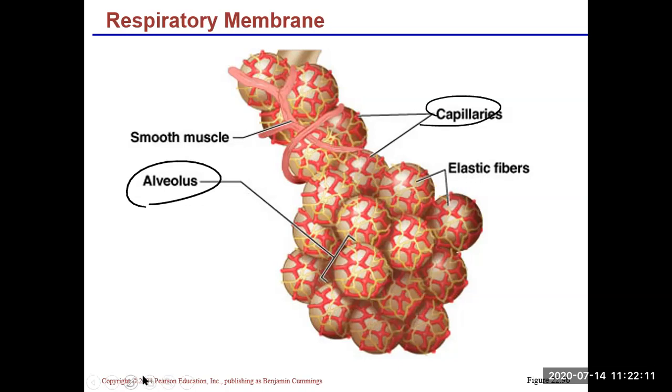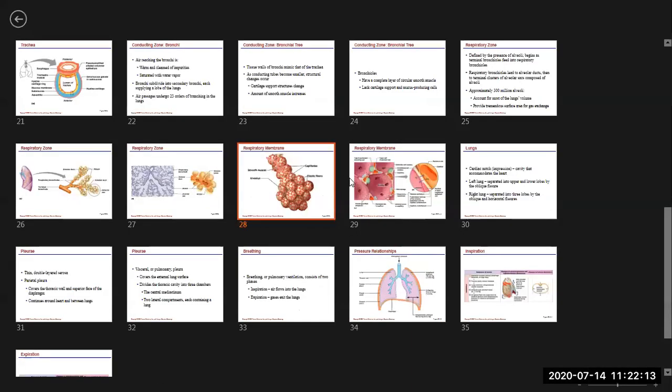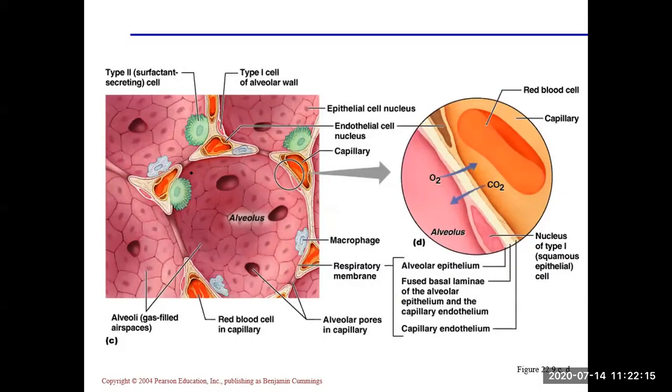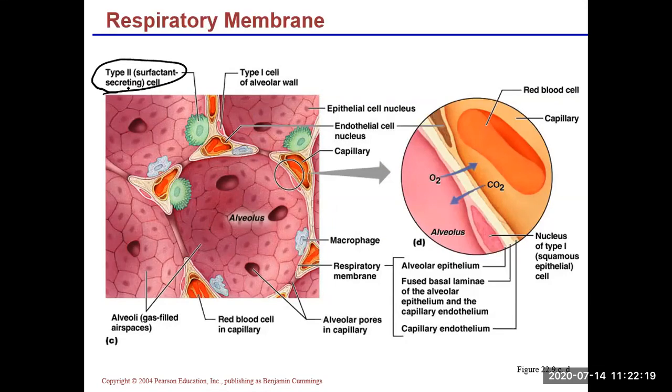All right. And the alveoli, interestingly enough, they have a cell known as a surfactant cell. The surfactant reduces the surface tension, so it allows the lung to expand. This is important.